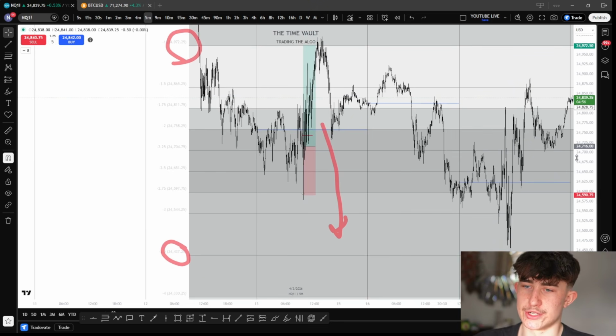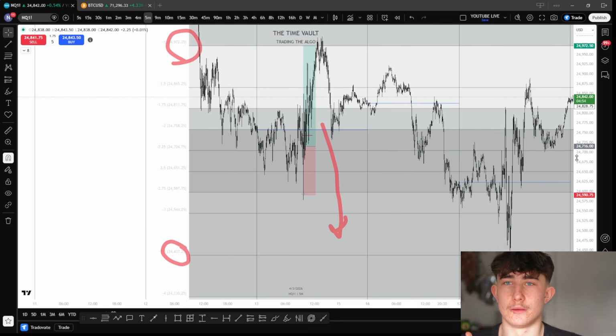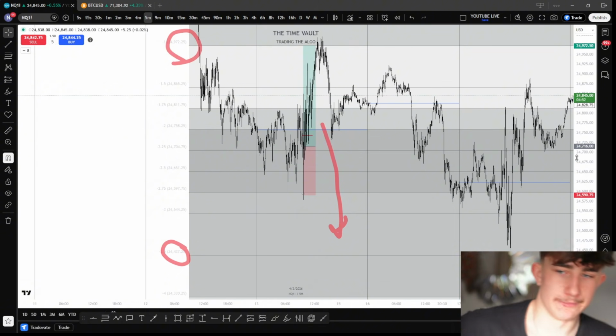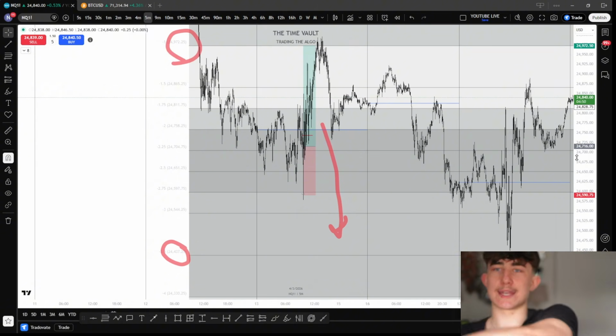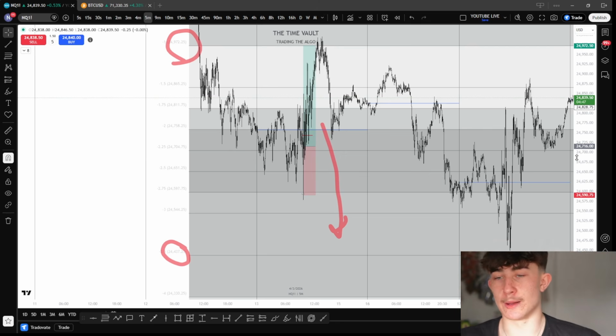Now, these Tapda projection lines are only valid for the hour. So if we come into the 10 a.m. hour, then you want to be drawing brand new lines for that 10 a.m. hour, and you can basically rinse and repeat.